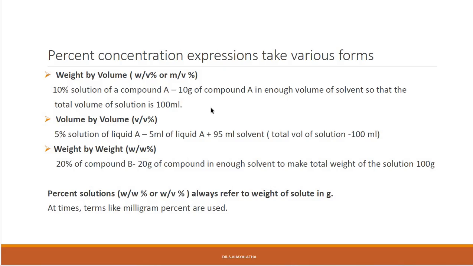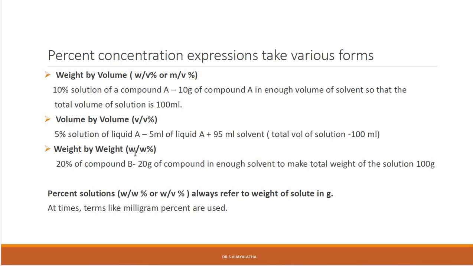So this knowledge is sufficient for us to prepare any type of percent solution that is required, whatever be the method of expression. So weight by volume, 10% means 10 grams in 100 ml of the solution. Volume by volume, 5% means 5 ml of the solute in 100 ml of the solution.